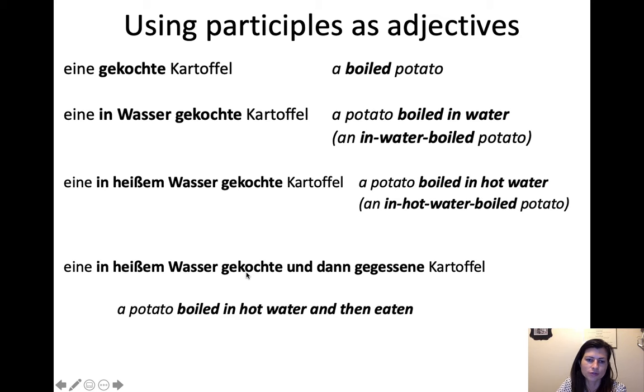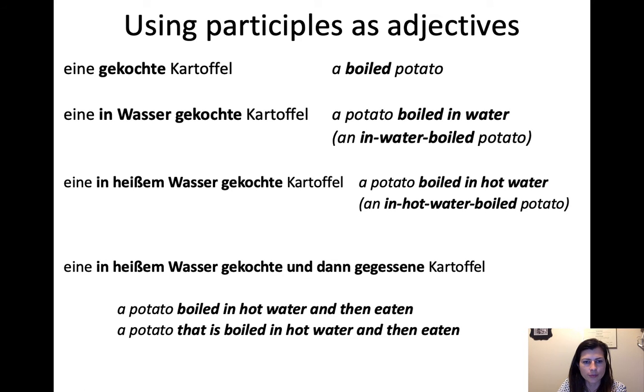So when you translate it, the word order shifts pretty dramatically when you put it back together in the English version. So you could also say a potato that is boiled in hot water and then eaten. So then you've changed this whole extended adjective construction into a relative clause. That is, right?